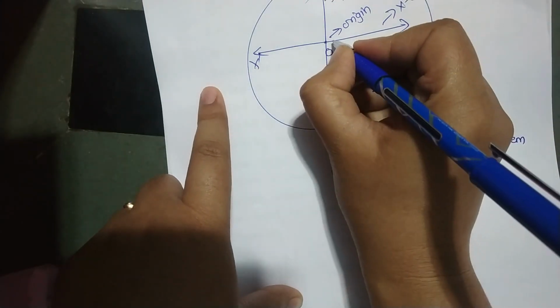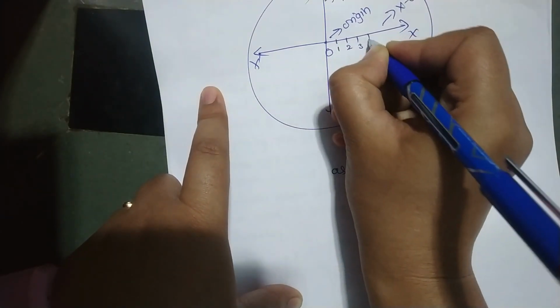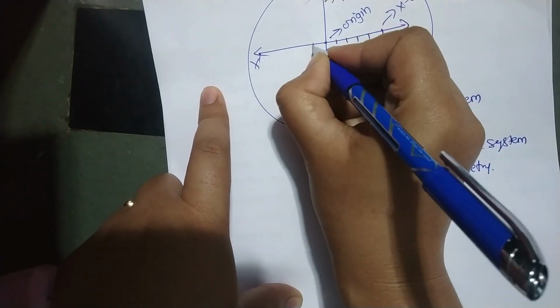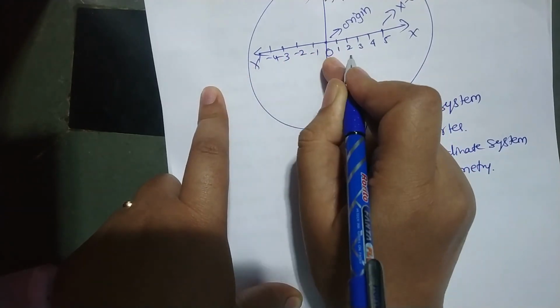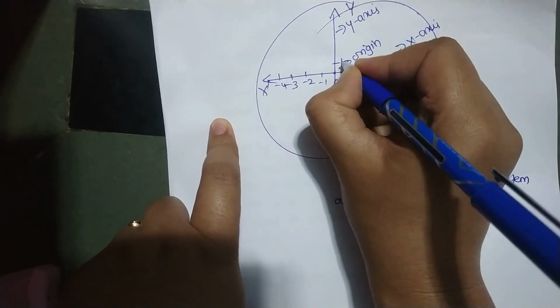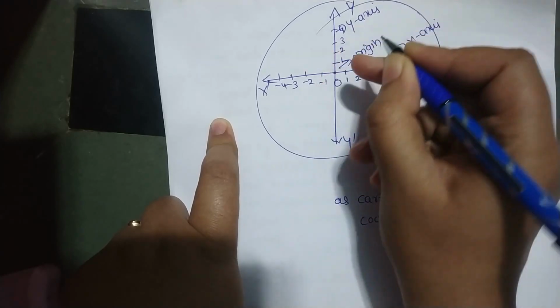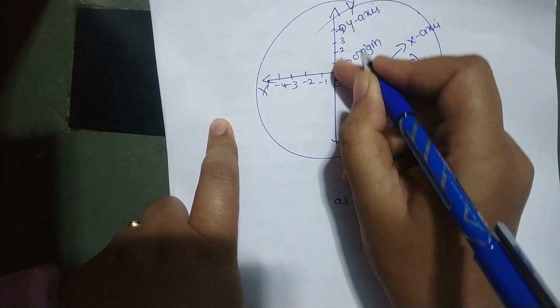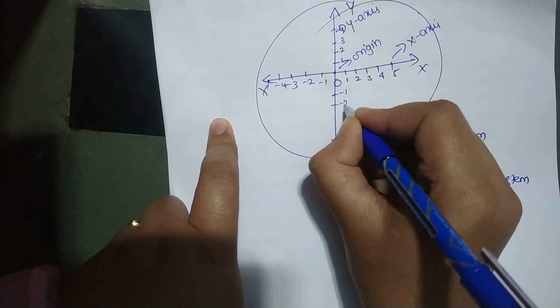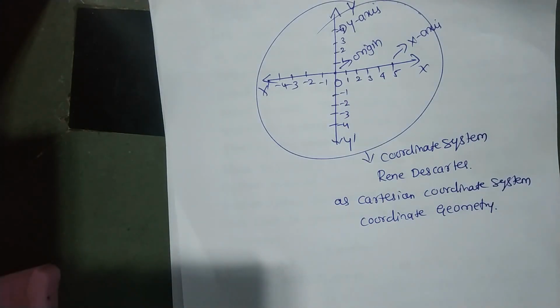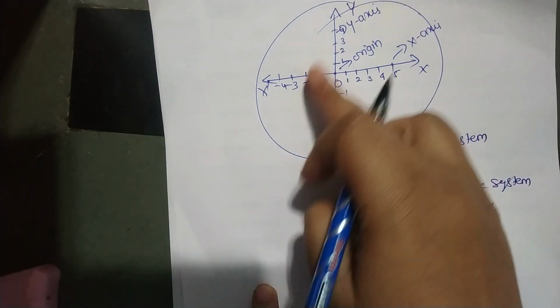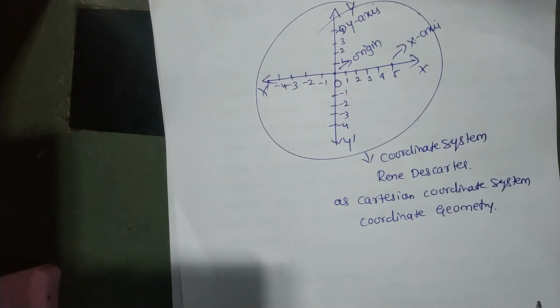As we know, the x-axis has positive values on the right side of the origin and negative values on the left side of the origin. Similarly, the y-axis has positive values above the origin and negative values below the origin. These values of the x and y axes help us to find the location of any point on the plane. Location is nothing but address.